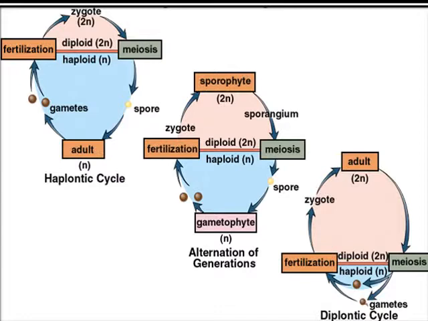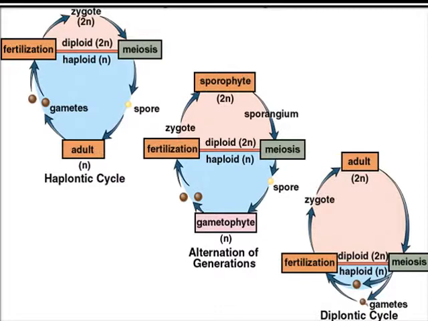Now we come to the third type of life cycle, called alternation of generation or haplodiplontic life cycle. What does this mean? Here the diploid and the haploid stages will be equal. In the haplontic life cycle, we saw that only one structure was diploid and all others were haploid, so we called it the haplontic life cycle.